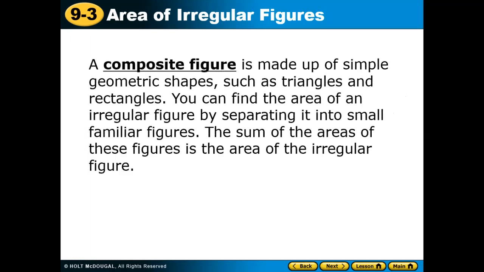A composite figure is made up of simple geometric shapes, such as triangles, rectangles, circles, squares. You can find the area of an irregular figure by separating it into smaller familiar figures. The sum of the areas of these figures is the area of the irregular figure. Do you understand it? Does it make sense? Let's see.